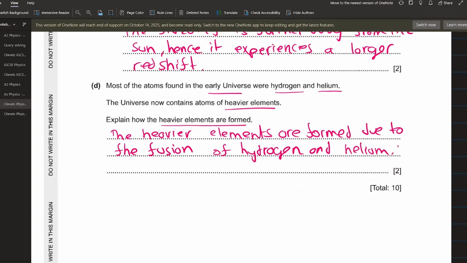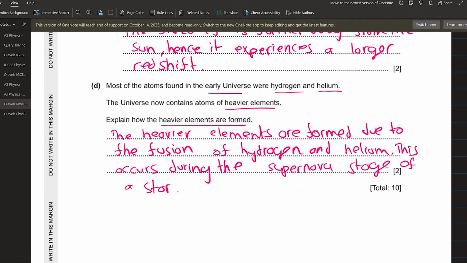This occurs during the supernova stage of a star. Simple, nothing complicated here.